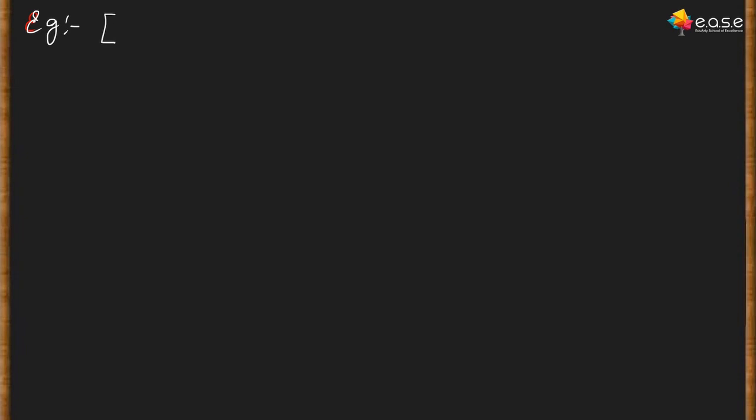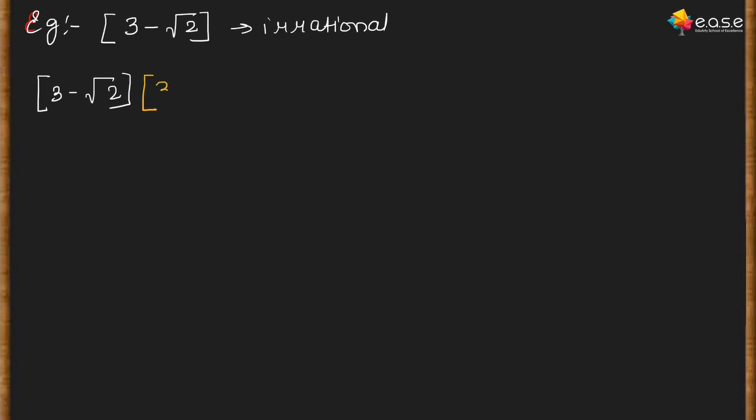Let us take 3 minus root 2. 3 minus root 2 by itself, we know that it is irrational. Now if we want to rationalize this, we are going to take 3 minus root 2 and multiply this with the opposite sign. So 3 plus root 2.